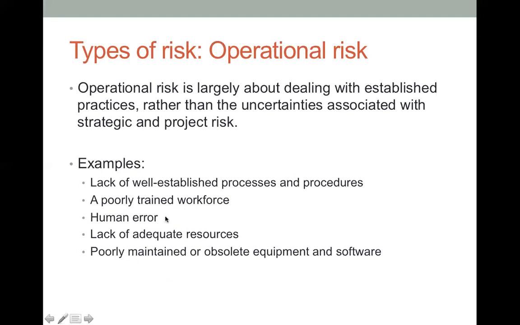Human error, which is quite common. Lack of adequate resources, so we may under-resource certain activities, certain operations. Poorly maintained or obsolete equipment and software, so we don't have the appropriate equipment. Our equipment has been outdated, so it can't produce a high-quality result, for instance. So those are some examples of operational risks.